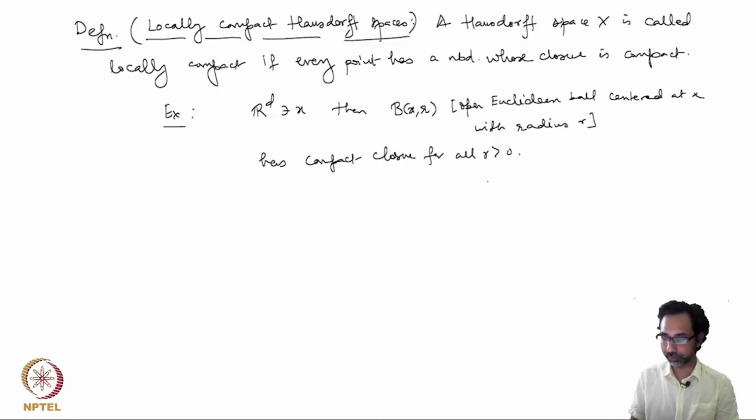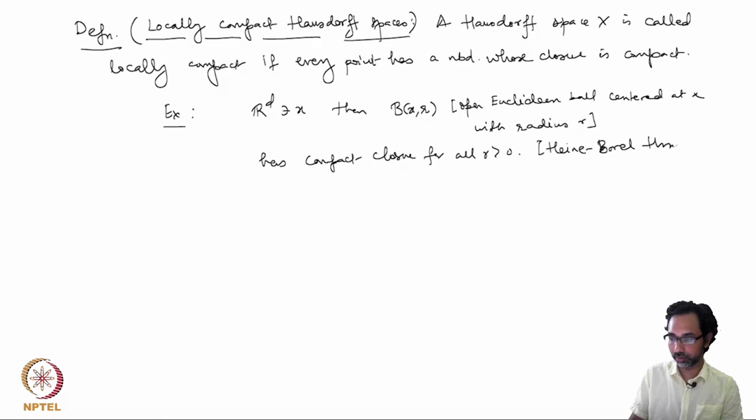So this is due to the Heine-Borel theorem. So we see that Rd is locally compact.